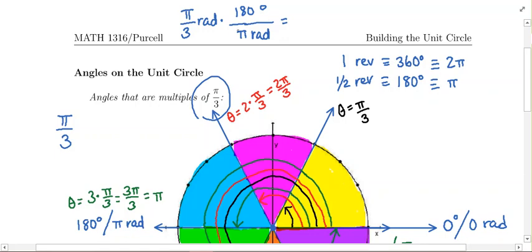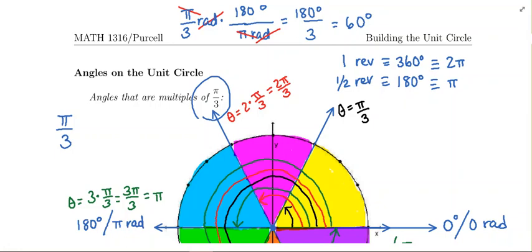So if you multiplied across the top and across the bottom, the radians would cancel, the pi's would also cancel, leaving you with 180 degrees divided by 3. That tells you that pi over 3 is equivalent to 60 degrees. So that first angle you can think of as pi over 3 radians or equivalently 60 degrees. Why does this make sense?